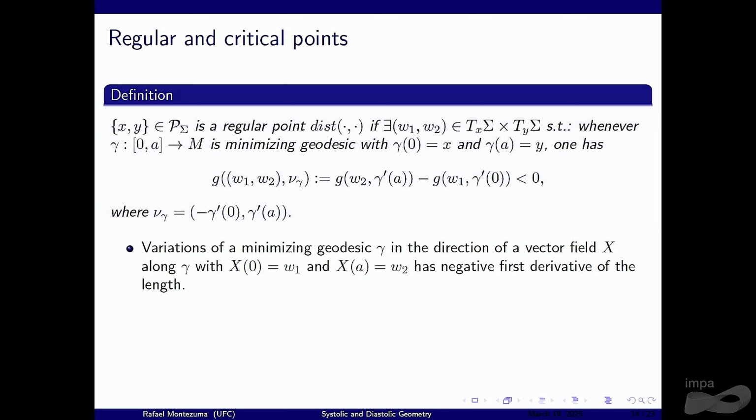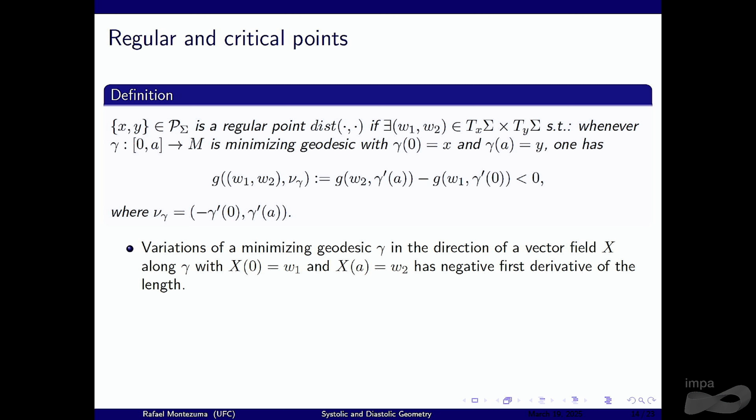So in order to try to be a little bit more precise on the constructions that we make, the main objects that come up in this work, I want to properly define the notion of critical points and regular points of the distance function. So we start with the notion of a regular point.